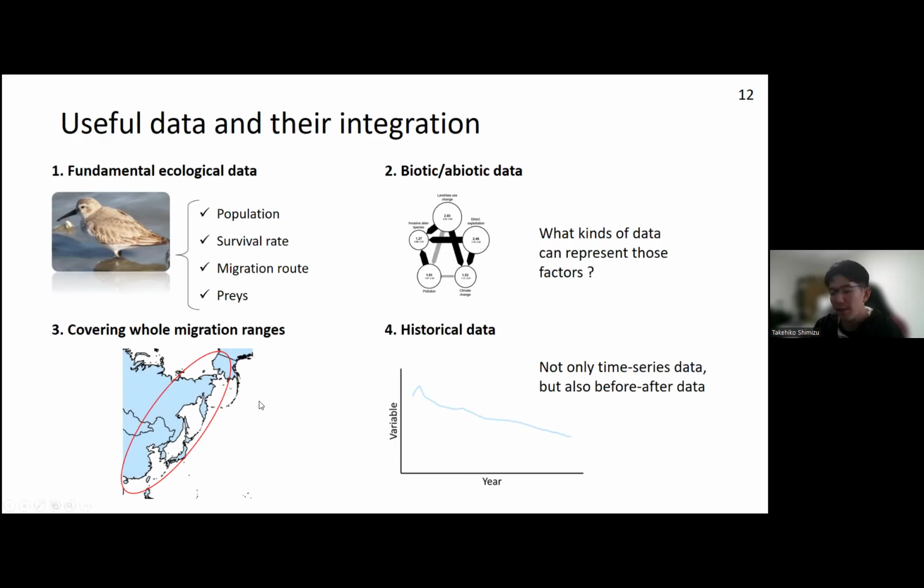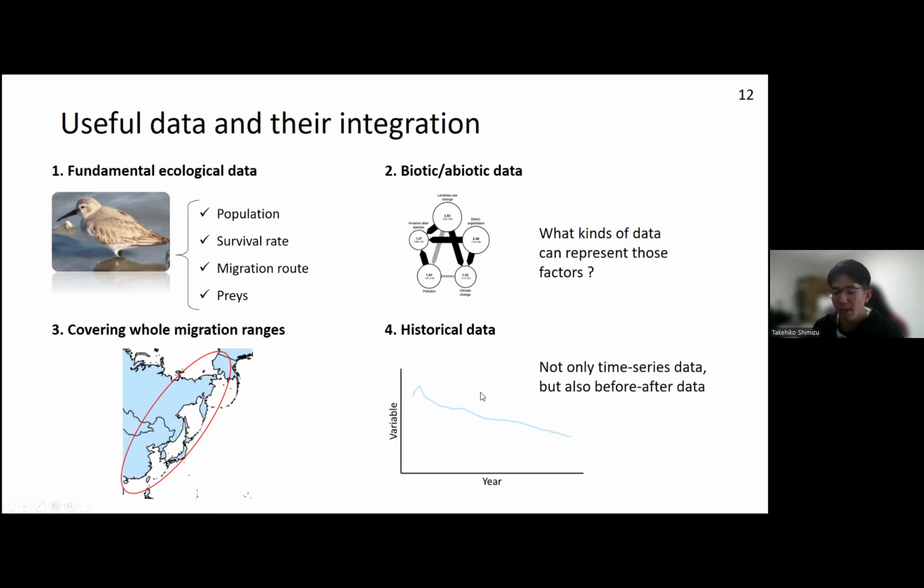And thirdly, previous research analyzed shorebird population changes focusing on limited regions due to limited accessibility of data. However, to understand the population dynamics and related environmental factors of long-distance migratory species, we should use data in breeding, stopover, and non-breeding sites.